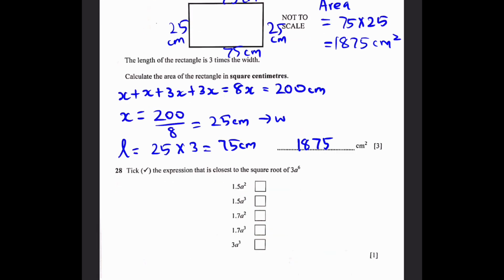Question 28. Take the expression which is closest to the square root of 3a to the power of 6. First of all, we take this and make it 3a to the power of 6, the whole square rooted. That is the square root of 3 multiplied by the square root of a to the power of 6, which is a to the power of 3 multiplied by the square root of 3.